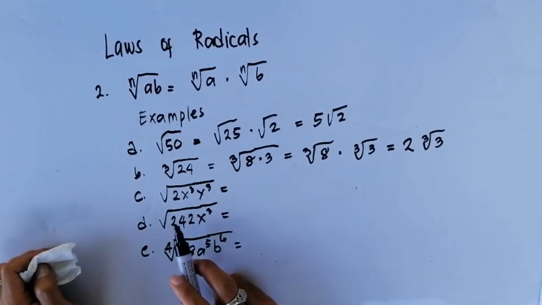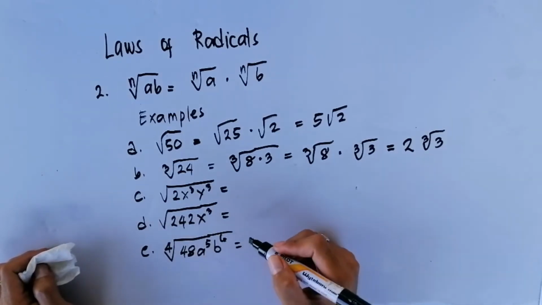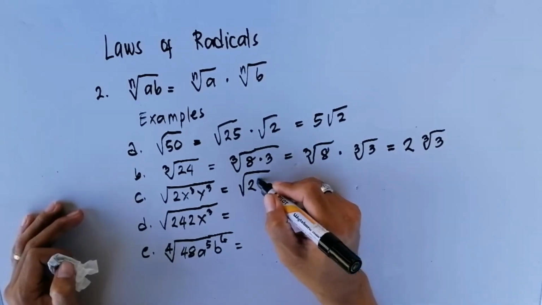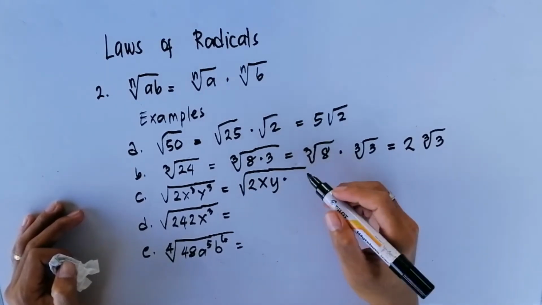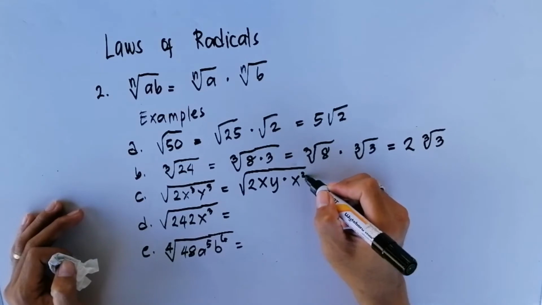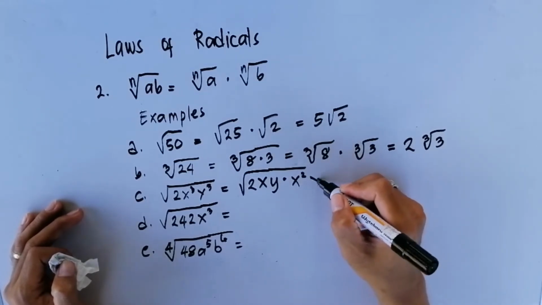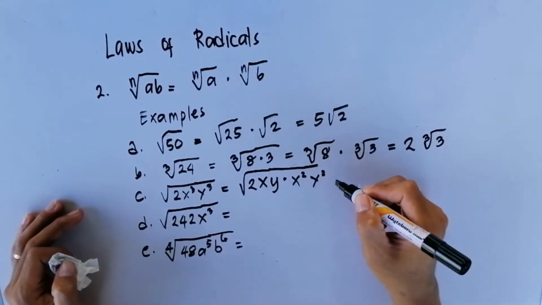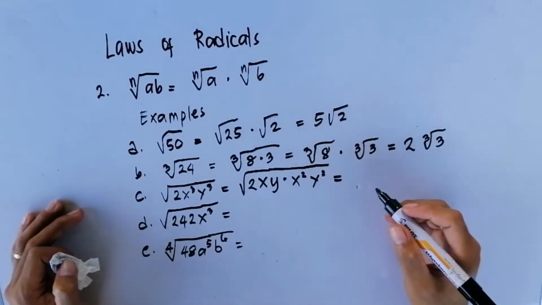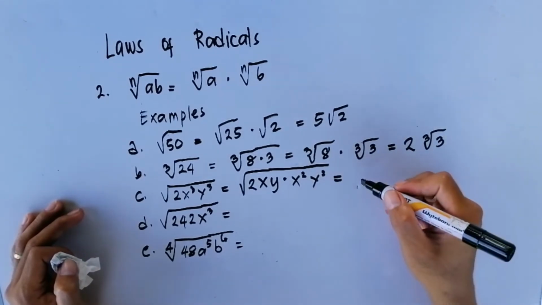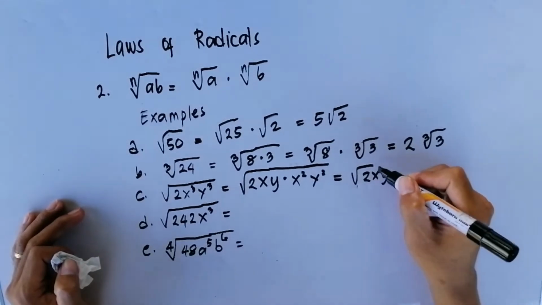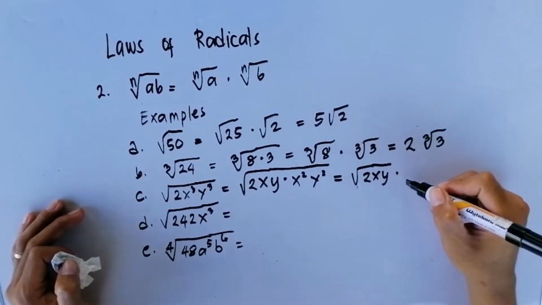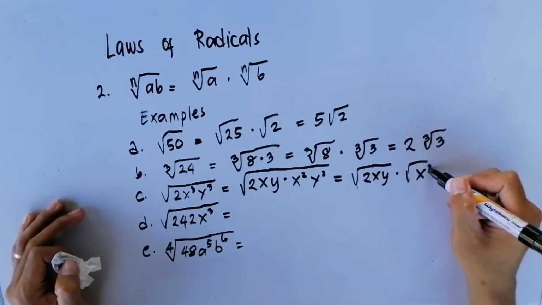But you see, we have the square root of 2x cubed y cubed, that is 2xy times x squared y squared, or that is the square root of 2xy times the square root of x squared y squared.